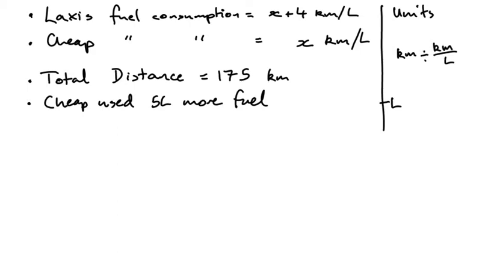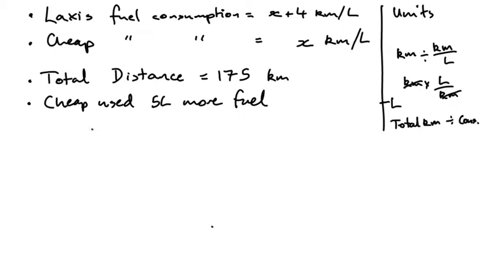If I do that as a division, obviously we multiply by the reciprocal, and you'd see the kilometres would cancel, and I'd be left with just a litres value. So what I want to do is take the total kilometres and divide it by the consumption. And we've got expressions for those, so if we do that we should be able to get somewhere.